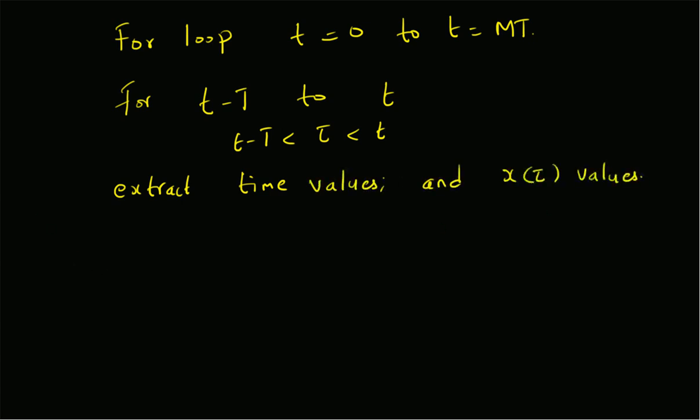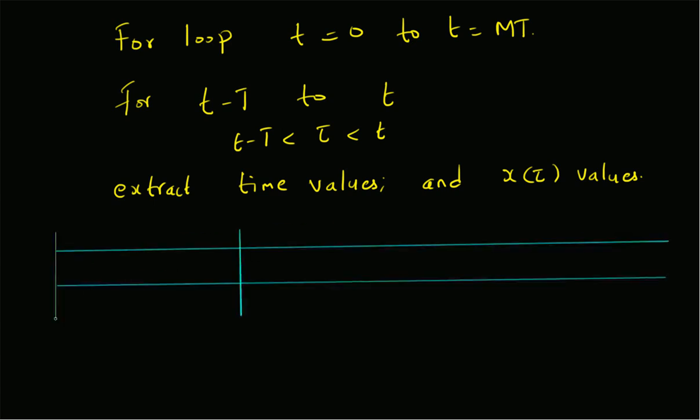So this works as follows. Here we have 0 and here we have T, and each little box corresponds to delta t. For doing integration at time t equal to 0, we have the values from minus T to 0.